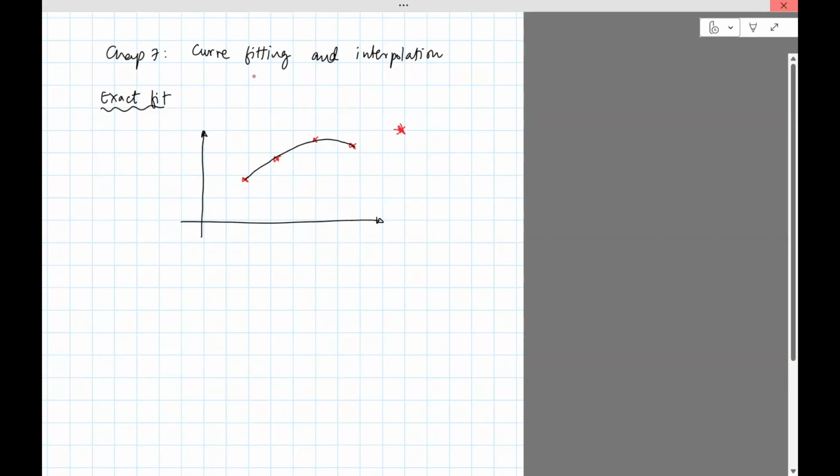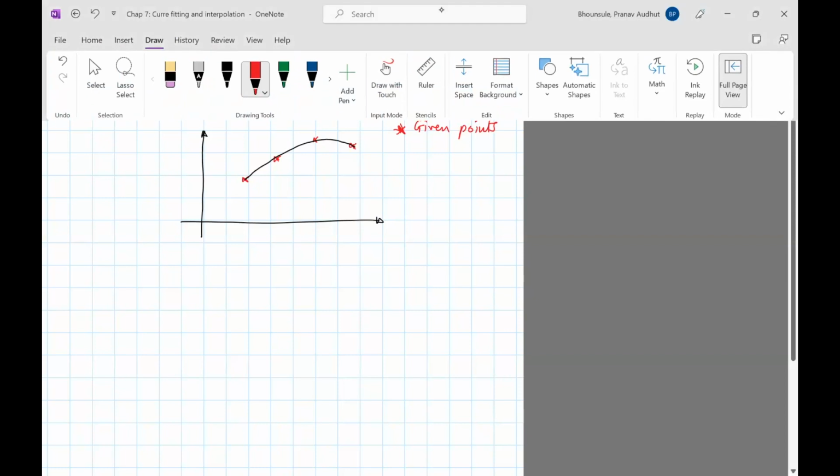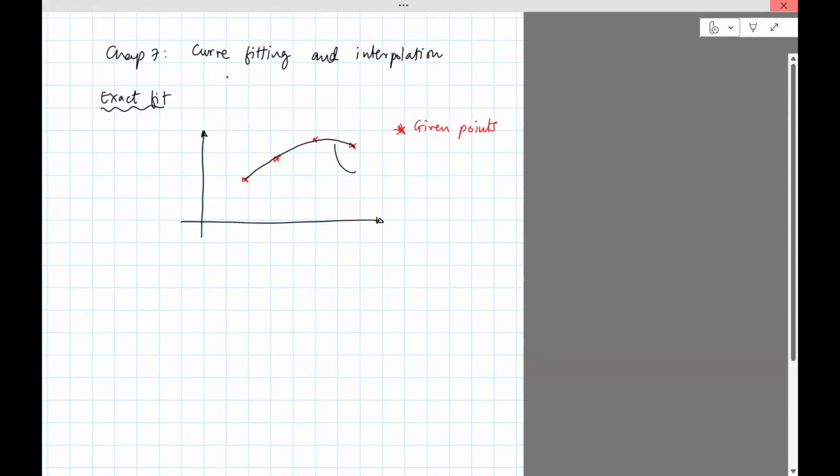So these are given points, and then the black line is an exact fit because it passes through all the points.